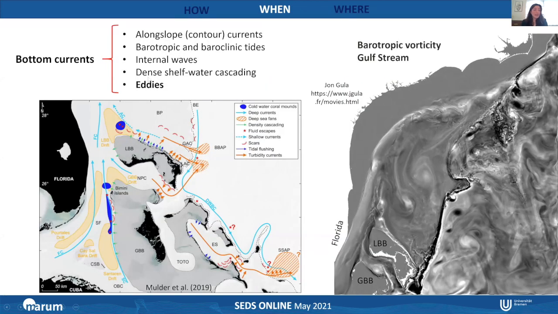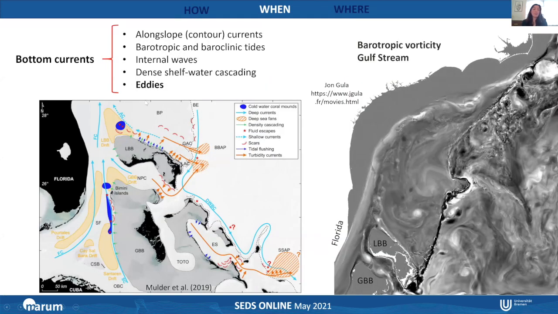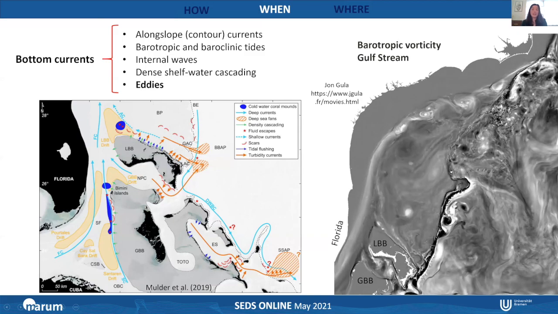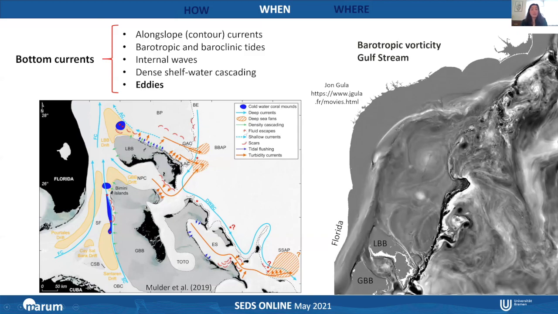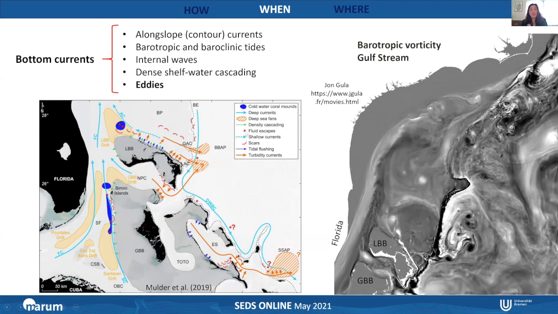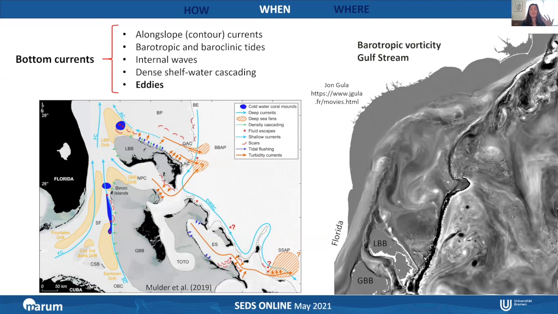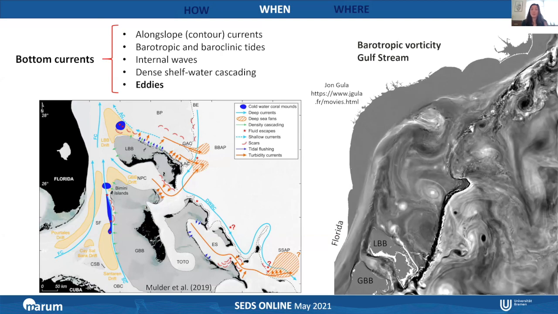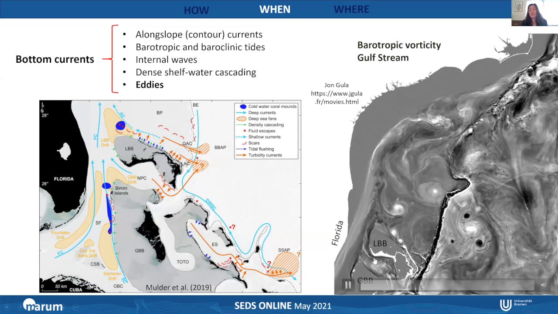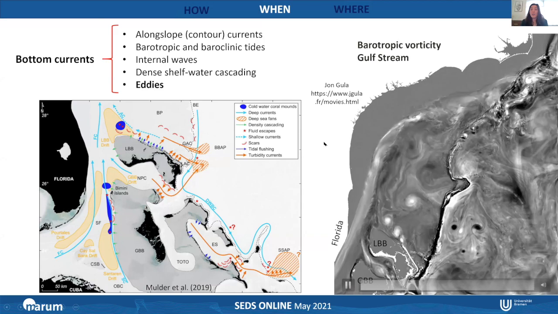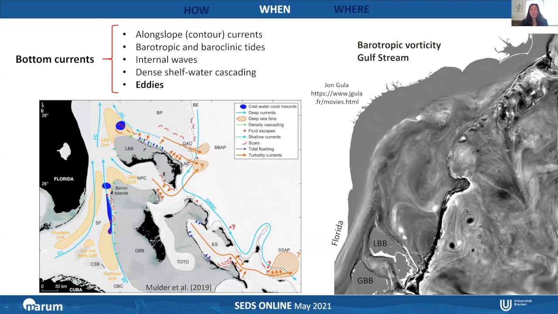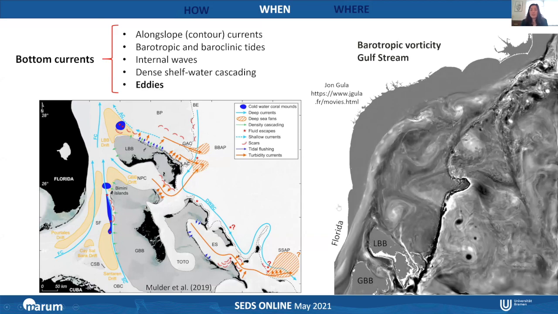And also eddies are very important processes that can affect the seafloor. The currents are often not laminar flows, very calm, but they show very often strong mesoscale instabilities. Here you can see some modeling from Jonathan Gula, who is the barotropic vorticity in the Gulf Stream.